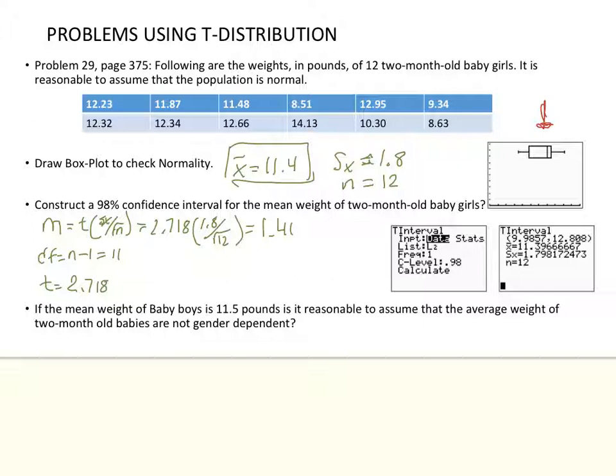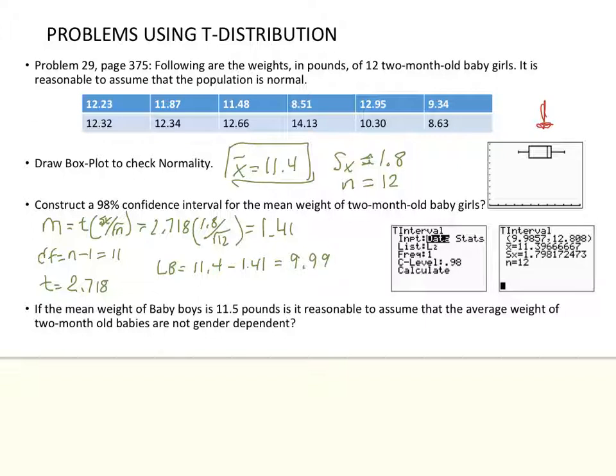So now we have a lower bound of our confidence interval, which is going to be 11.4 minus 1.41, and so we get about 9.99.